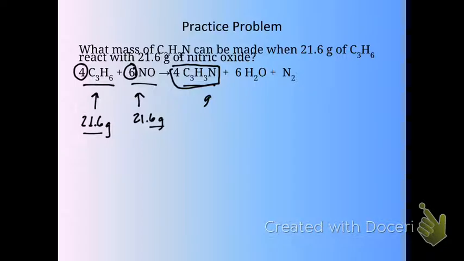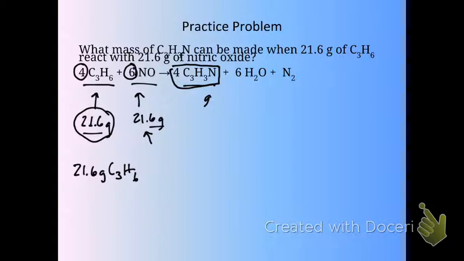If I had 21.6 grams of C3H6 and an unlimited amount of NO, how much would I make? So 21.6 grams of C3H6 would make how many moles of C3H3N?